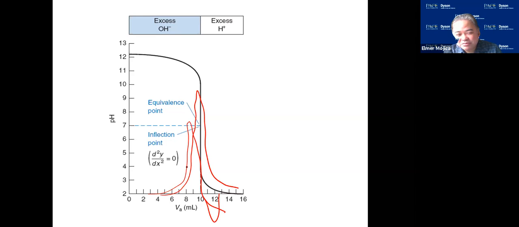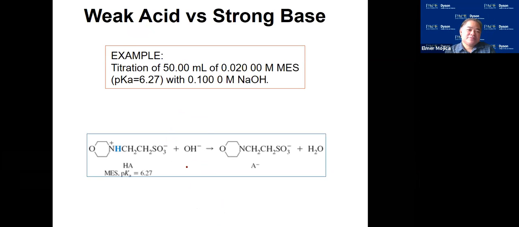And usually I don't give questions like that in the exam, especially now when the exam is take home. Okay? The one that I usually do is the more challenging one, wherein one of the components is weak. So for instance here, we have a weak acid reacting with a strong base.